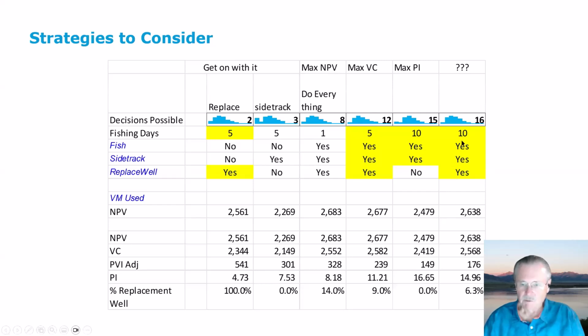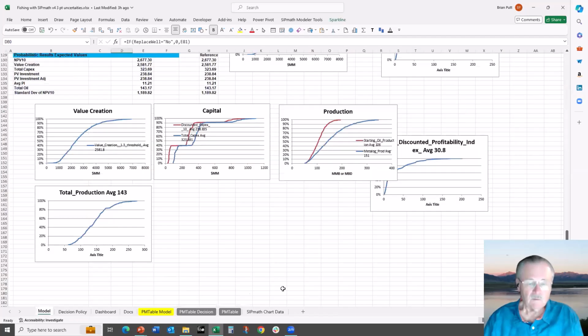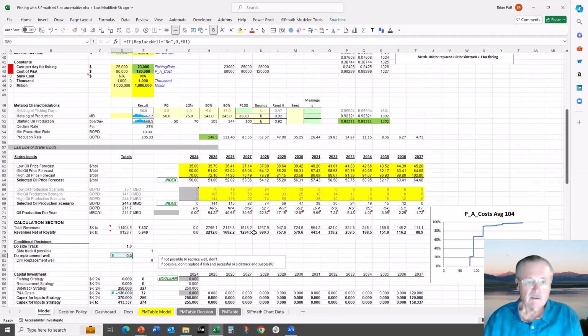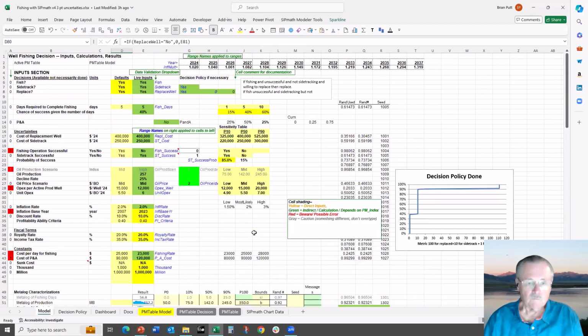And that's strange between comparing this one to this one, because they look identical, except this is actually drilling longer. This is doing fishing for longer. So why does fishing longer actually have a reduced capital? Well, to do that, we need to go look at the model. So we go back here to the model and back up here someplace. Fishing days. Days required to complete the drilling, 1, 5, or 10.